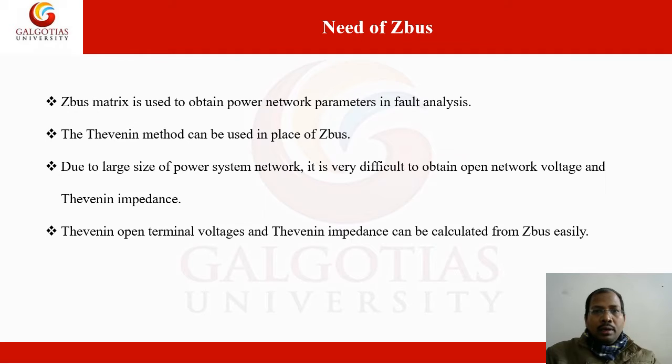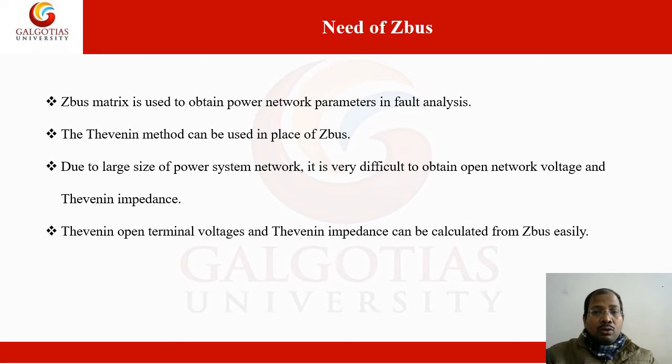So, why do we need the ZBus in fault analysis? The ZBus matrix is used to obtain the power network parameters in fault analysis. There is another method, called Thevenin's method, that we can use in place of the ZBus matrix. But as you know, the power system is very complex. Many buses are connected in series, in parallel, or in a combination of series and parallel.